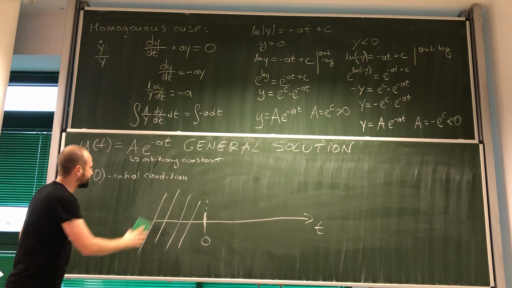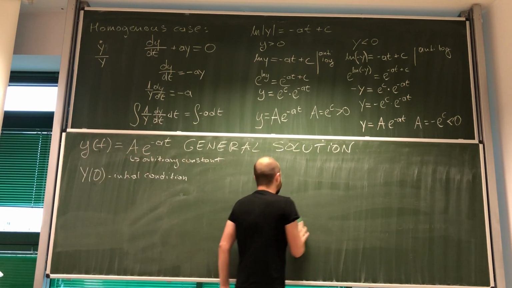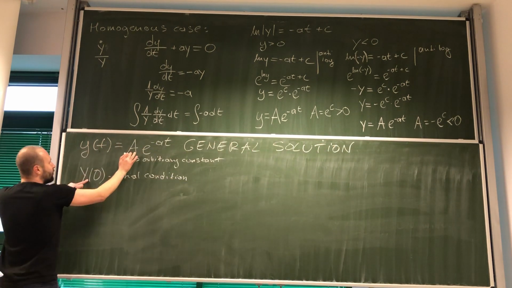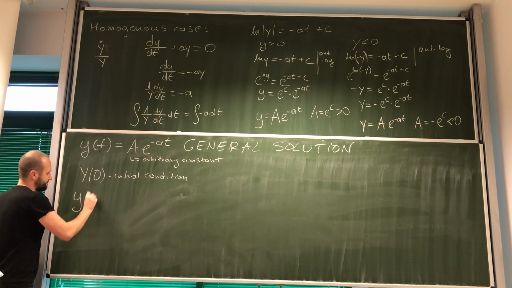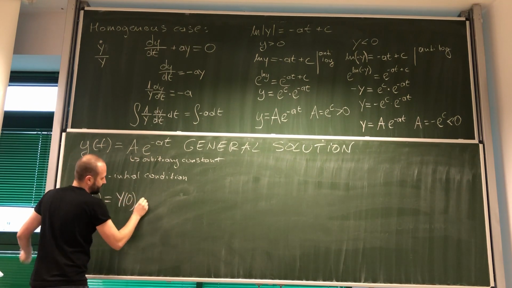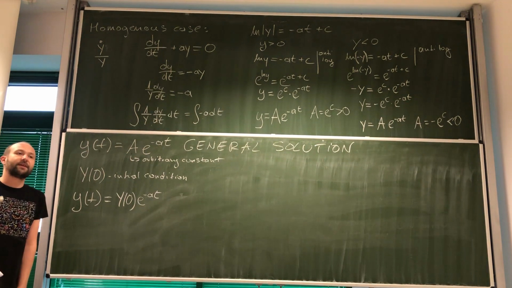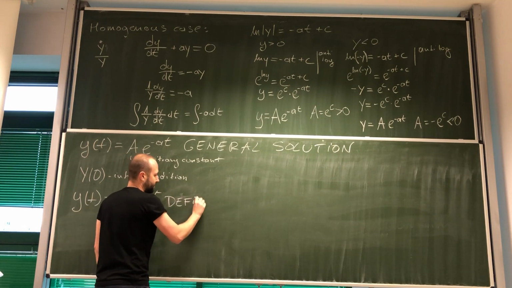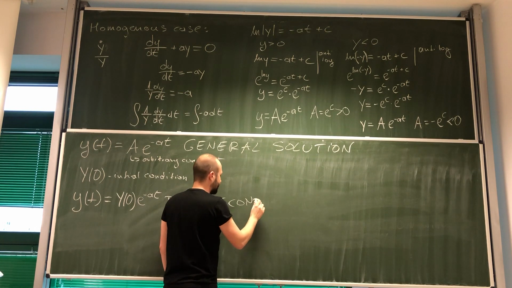And once we know what this initial condition is, we can replace our A with this initial condition and then we will obtain something that we're going to call the definite solution.